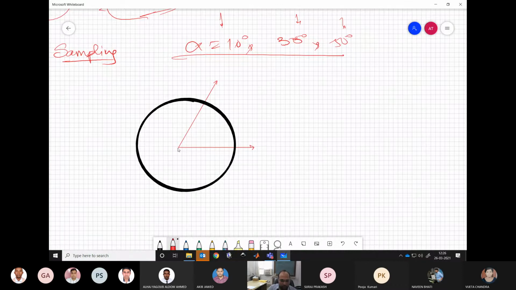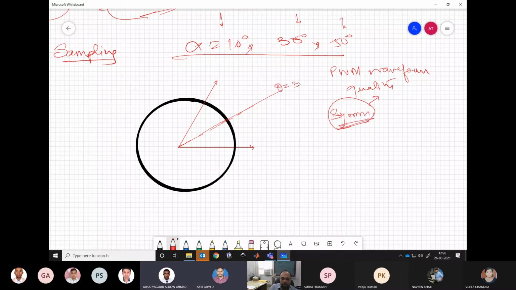Now, with all discussions on PWM and other things, one thing you must have understood: for a good PWM waveform quality, we must have symmetry in our approach. Is that clear? So by symmetry, I mean symmetry in having these samples.